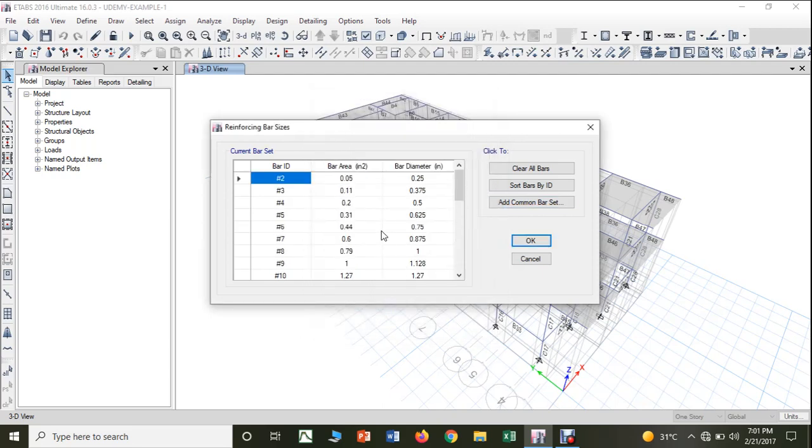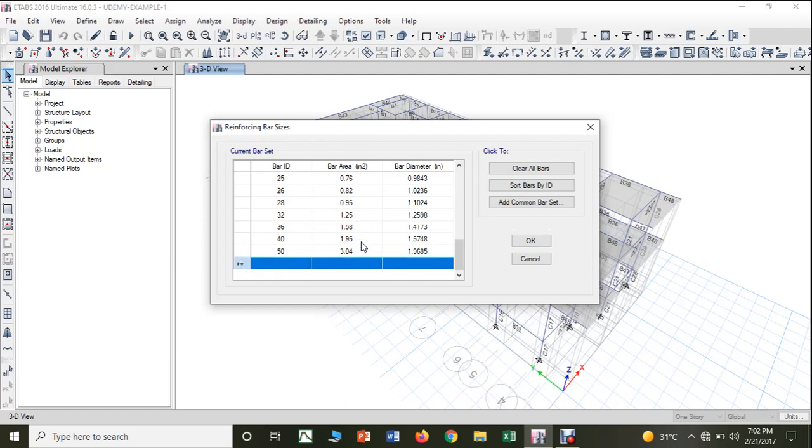When I choose SI, you can see the Indian standards: 6 mm, 8 mm, 10 mm, 12 mm, 14 mm, 16 mm, and so on, up to 50. So you can have a set of bars.